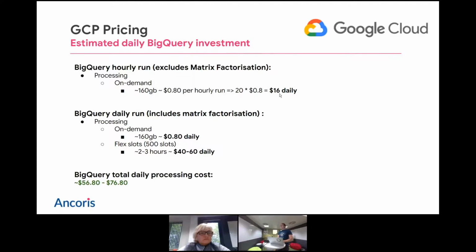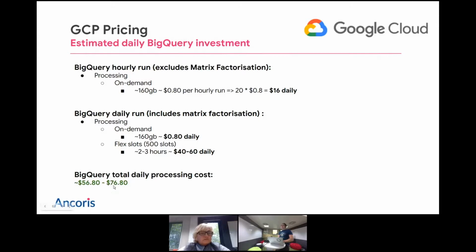So that's $16 daily. And then to train the model, to do that 53 days of processing in about 2.5 hours, it ranged between $40 and $60. So the daily cost to the client for running that model was tops $80, call it.